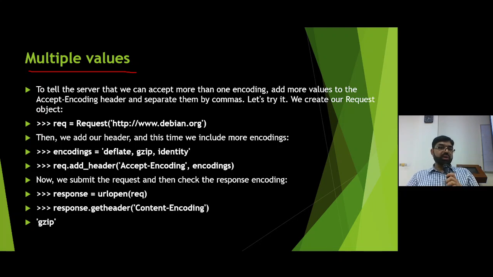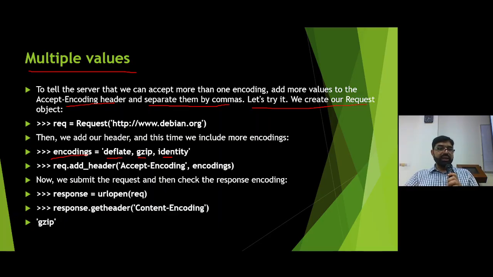Now we are discussing multiple values. To tell the server that we can accept more than one encoding, add more values to the Accept-Encoding header, separated by commas. So let's try this with a request object. Request object, Debian URL. Now we add our header. In the header we define encodings: deflate, gzip, and identity. It means we accept all three. This is from the client side, right?